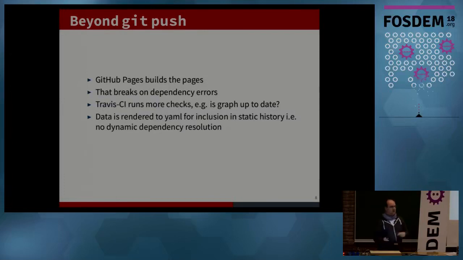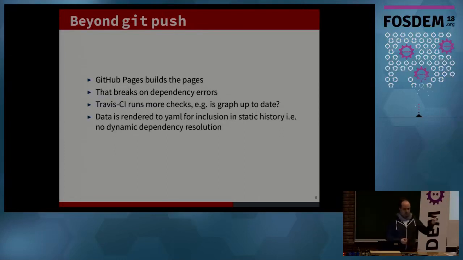We're running Travis CI independently from that as well. Travis CI checks whether that graph is up to date. So the graph, and this image is also committed, and Travis will recompile the graph. It will also break if it can't compile the graph, which it could do for different reasons.